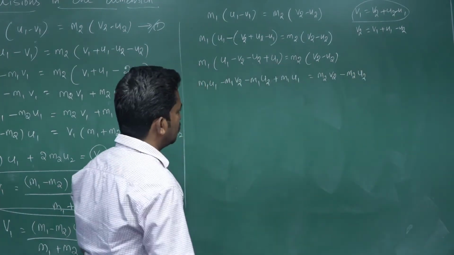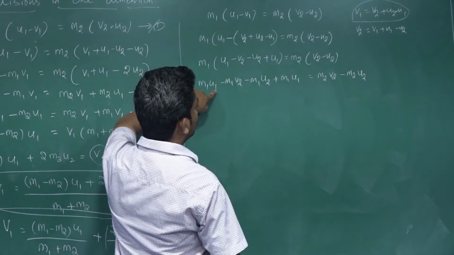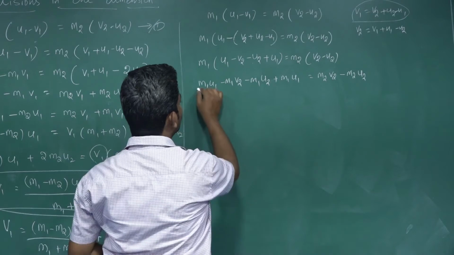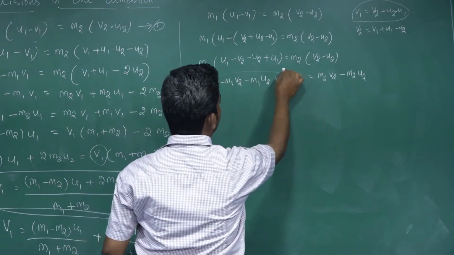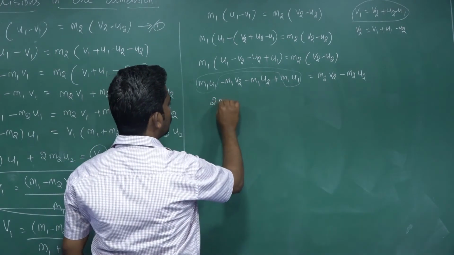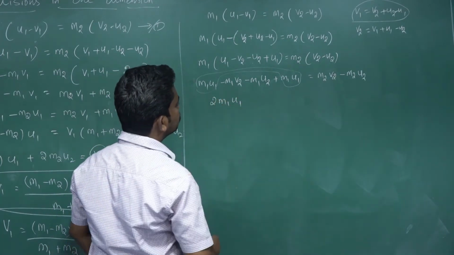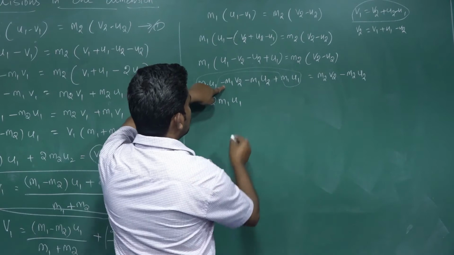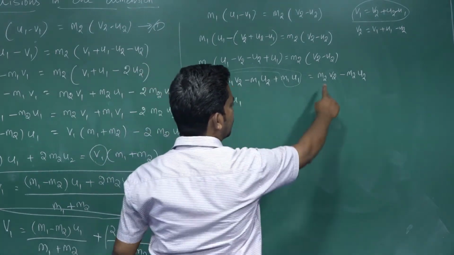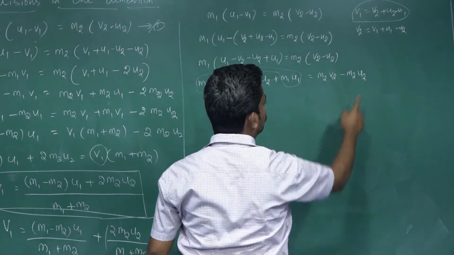So here m1 u1 plus m1 u1, so 2 m1 u1, minus m1 v2 minus m1 u2, equal to m2 v2 minus m2 u2.